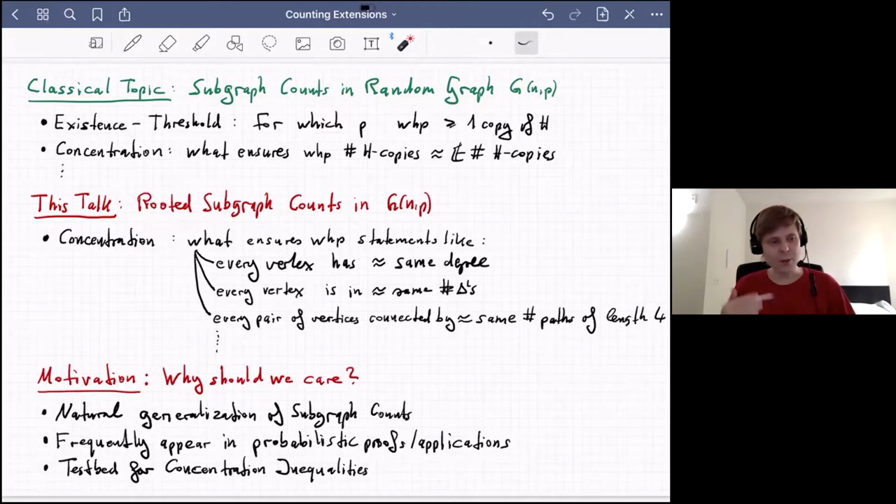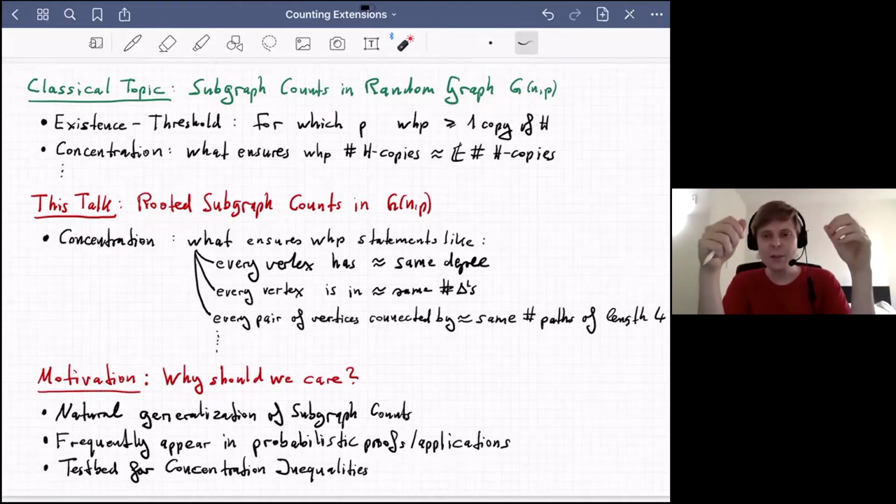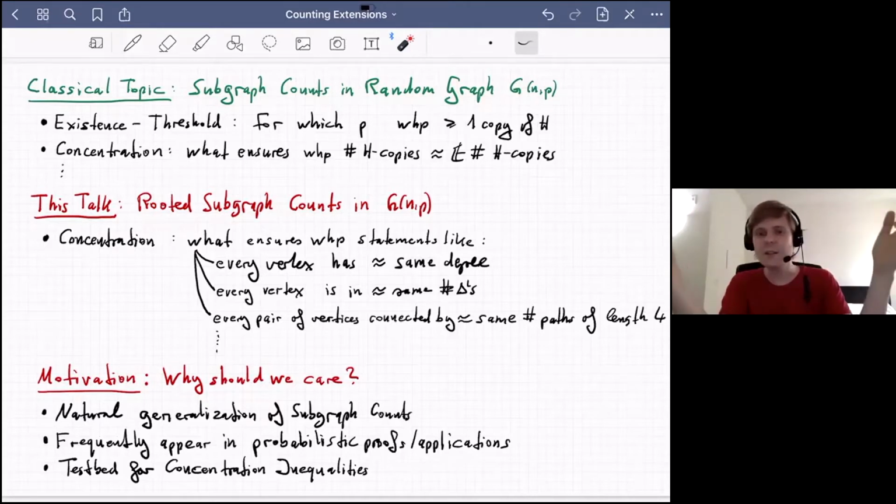Another place where it shows up a lot is in many probabilistic proofs where at some point you might say, I'm looking at a certain set of vertices and I want to make sure that this set of vertices is not contained in too many cliques or too many subgraphs of a certain type.